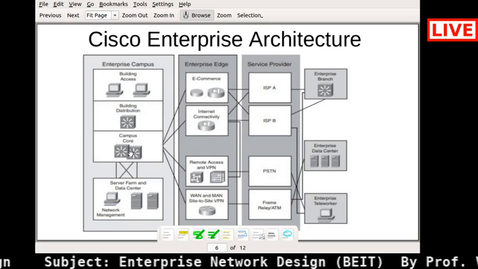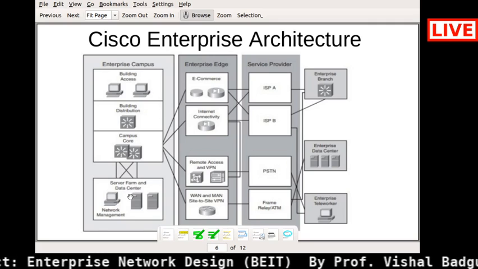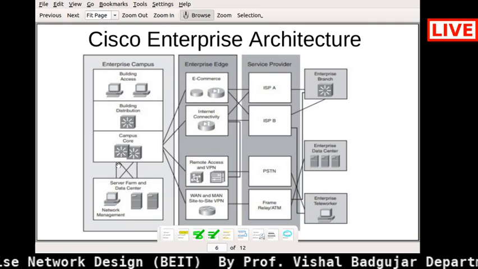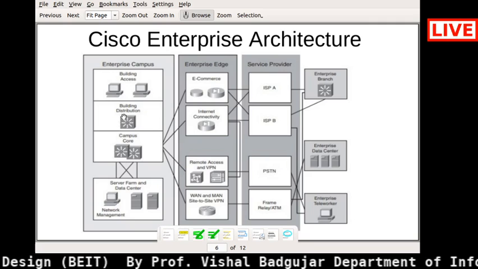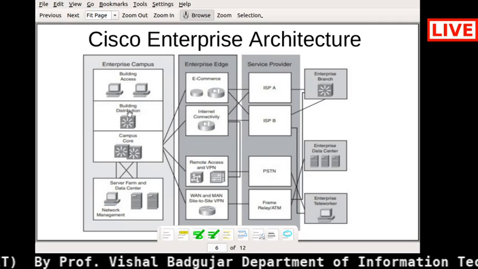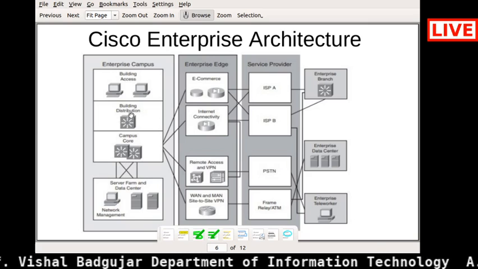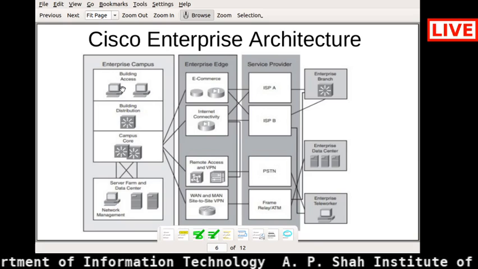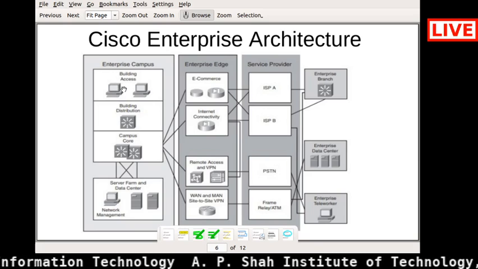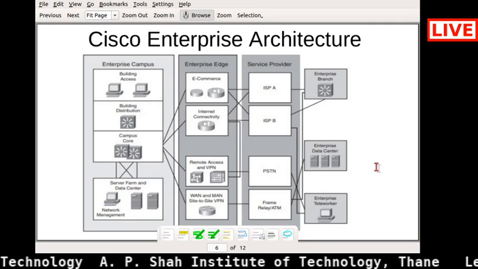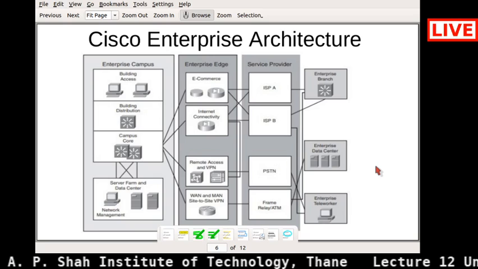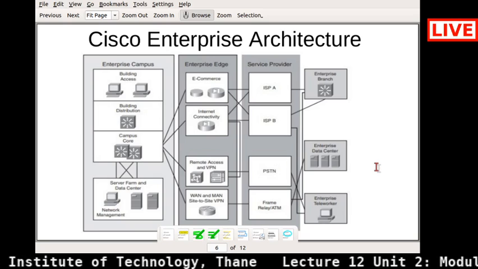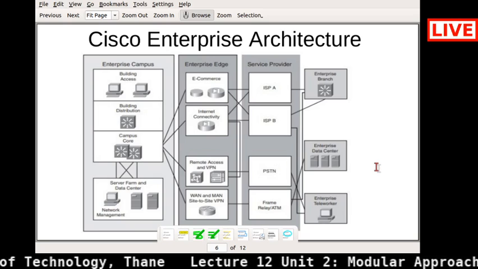It will be attached to your servers, and then it will be connected to your building distribution layer, which is nothing but lab number 312. And after that it will be attached to your building access layer, that is nothing but your 301, 302, and like that, all the labs. So in this way this infrastructure works.